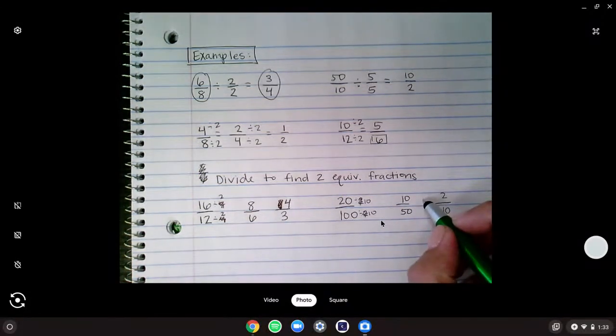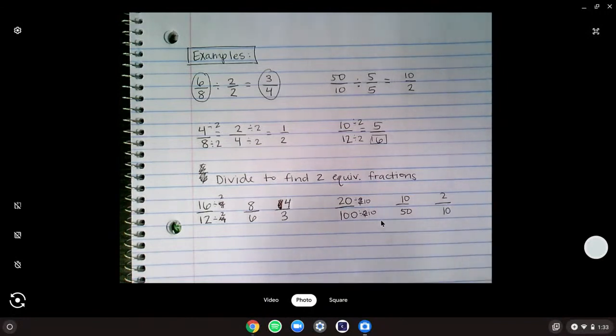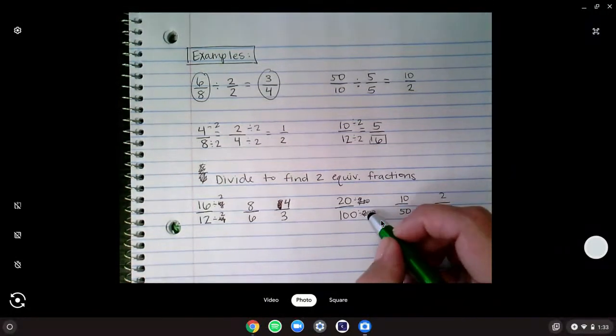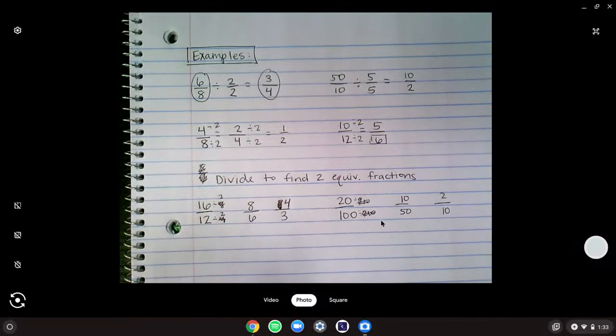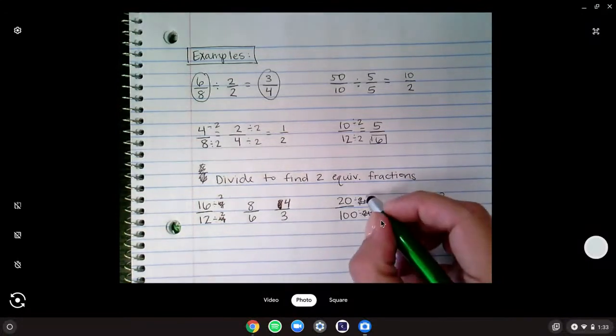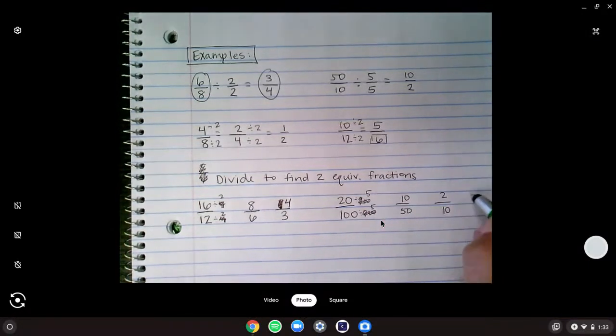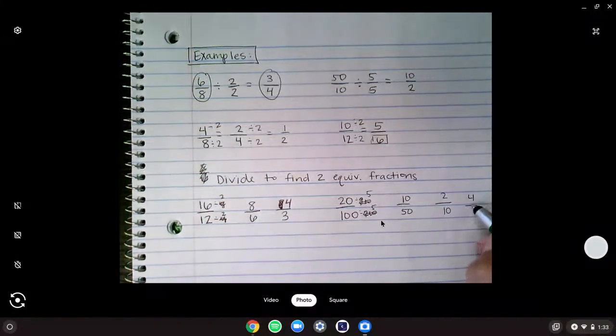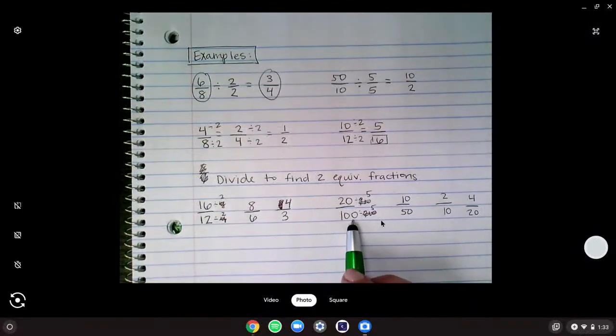4/20. Walk me through. What did you divide both by? Divide by 5. 20 divided by 5 is 4. And did you say 20th? What's 100 divided by 5?